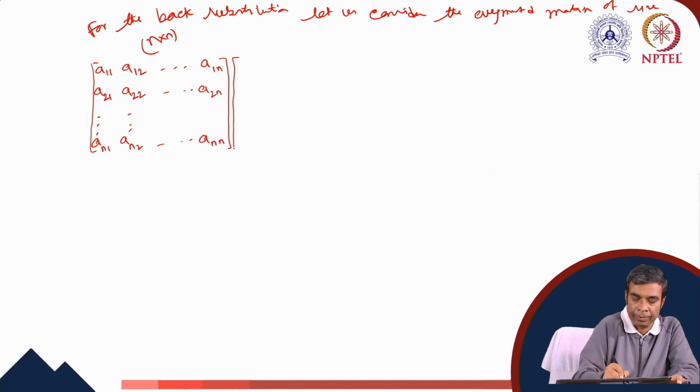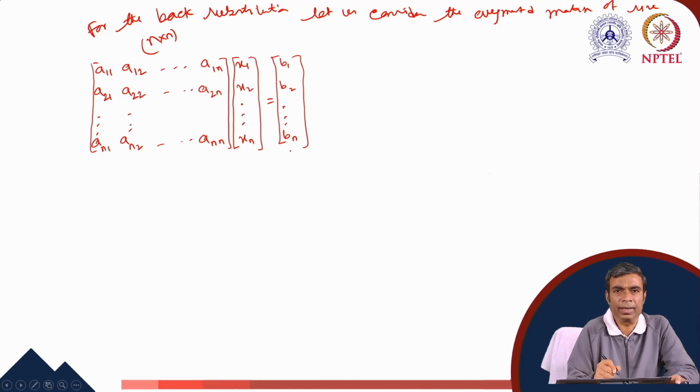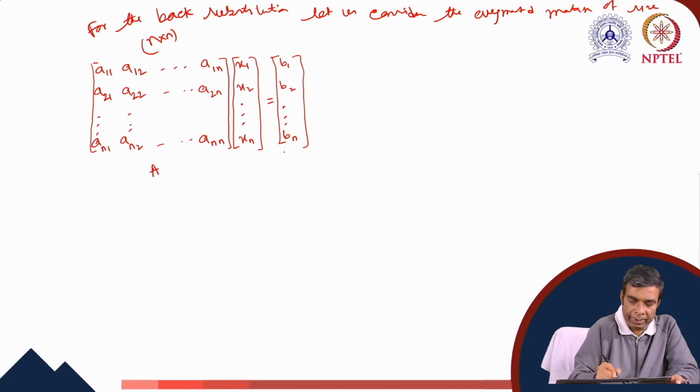Here the degrees of freedom are x1, x2 up to xn, and the right hand side load vector is b1, b2 up to bn. Now this load vector we can consider as part of the last column of this A matrix.